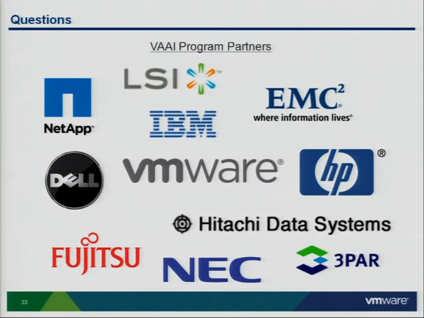thin provisioning. Nonetheless, we are going to keep the vStorage API program around because regardless of whether you are doing T10 commands or vendor-specific commands, we have this program where we say, these are the commands you would implement, and the following are the operational characteristics.